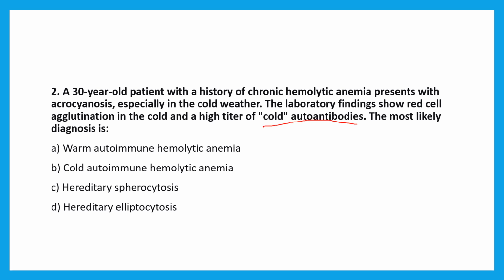So look at the cold autoantibodies, look at the red cell agglutination, and also look at the chronic hemolytic anemia presentations, which is acrocyanosis in this case, and therefore we are saying that this is cold autoimmune hemolytic anemia. Okay.